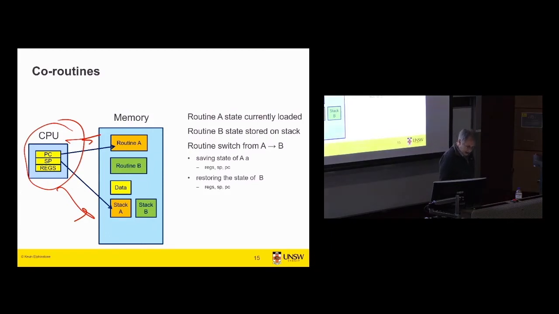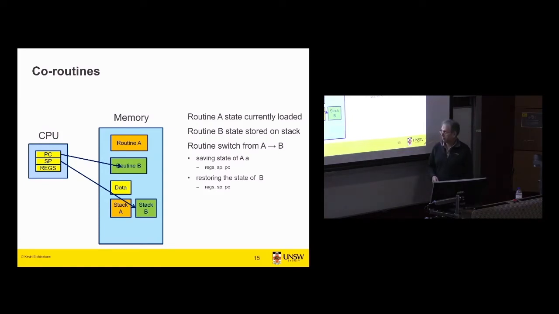Okay? And we want to restore, i.e. load the state of B into the CPU here. So we want to update the CPU so that it now points to B rather than A while preserving A. Okay.